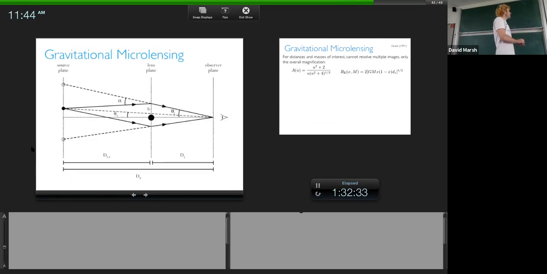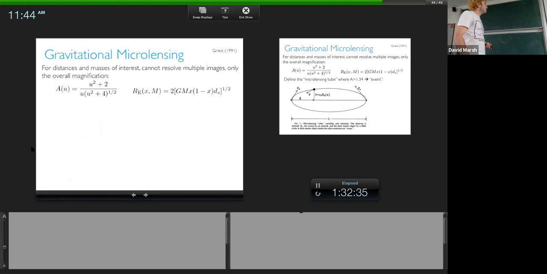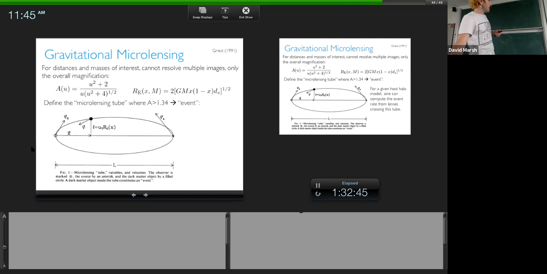So gravitational microlensing, it's a thing. You can compute the magnification of microlensing. It defines something called the Einstein radius, which defines a geometric tube. So objects are flying about, you're looking at a source star, an object passes between you and the source star at some impact parameter from the line of sight, and it amplifies the light from the source star.